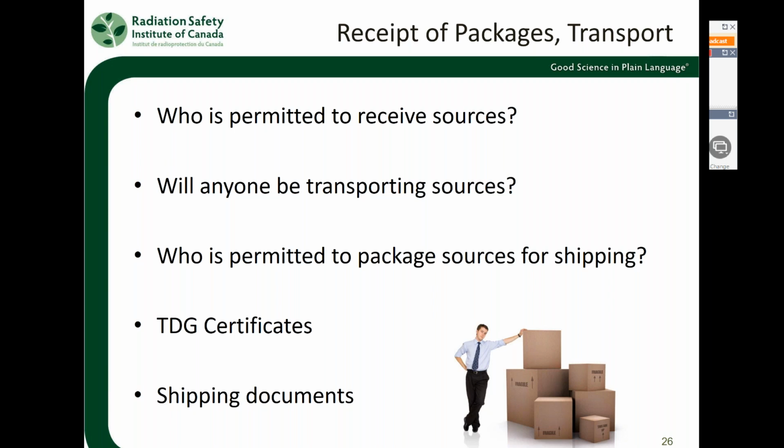If people are packaging, receiving, or transporting sources, unless they are accepted packages, those individuals will require transportation of dangerous goods certificates, and that's a Transport Canada requirement, and that should be within your radiation safety manual as part of your radiation safety program, and also show a sample of your shipping document.